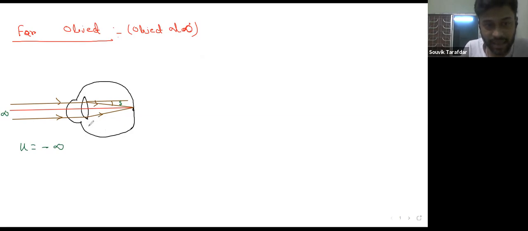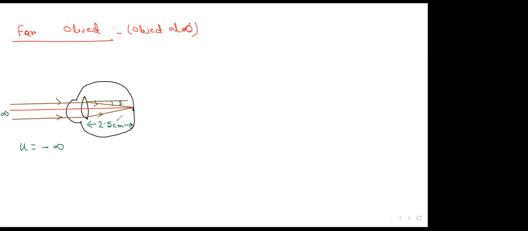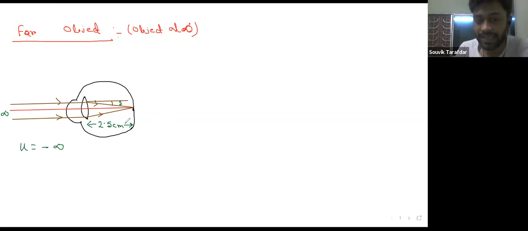Now let me tell you one thing. The distance from the lens to the retina is actually 2.5 centimeters. Keep this in your mind. Then where is the image formed by the lens? What is V?